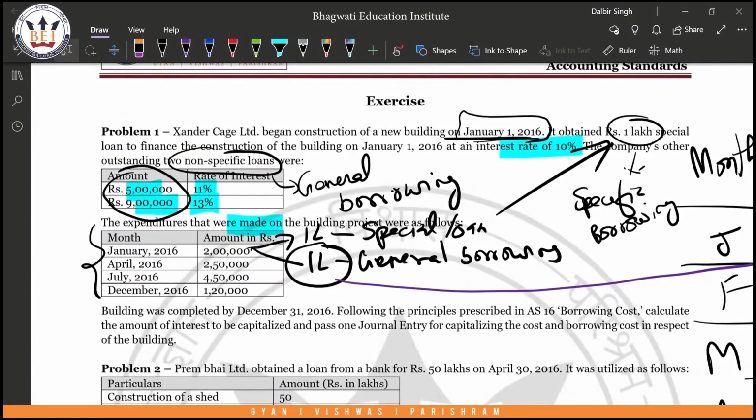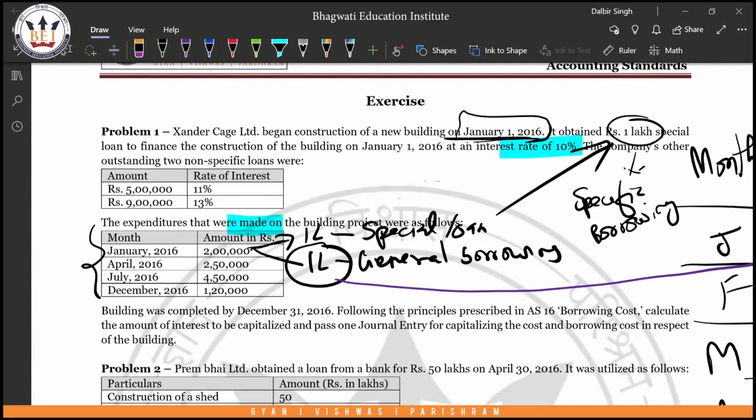Now if you see what is the interest amount here, the interest amount here is 55,000. 5 lakhs into 11% is 55,000, and 9 lakhs into 13% is 1 lakh 17,000, which means the total interest for the year is 1 lakh 72,000.